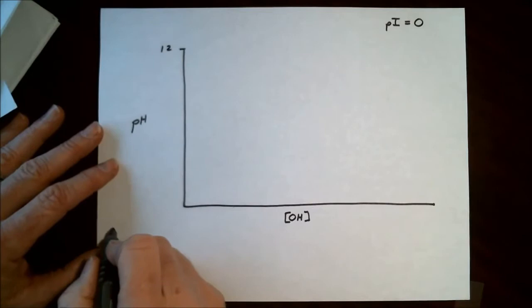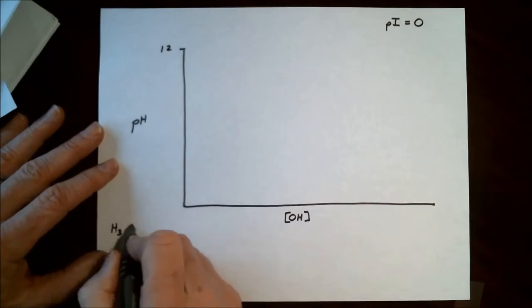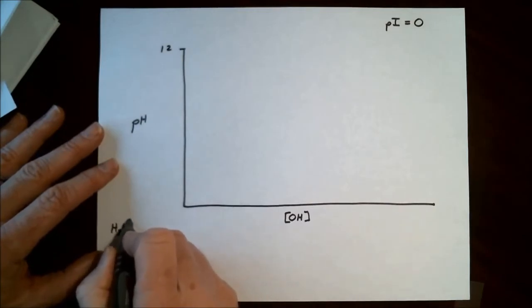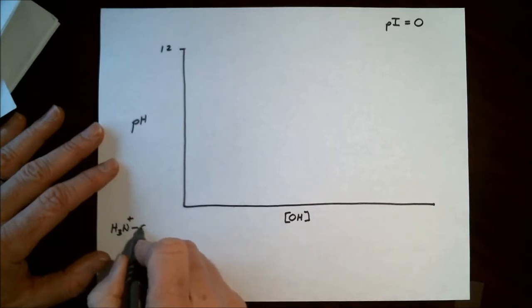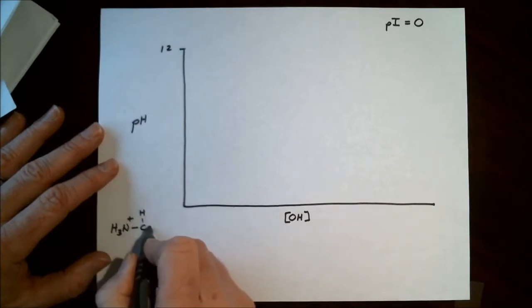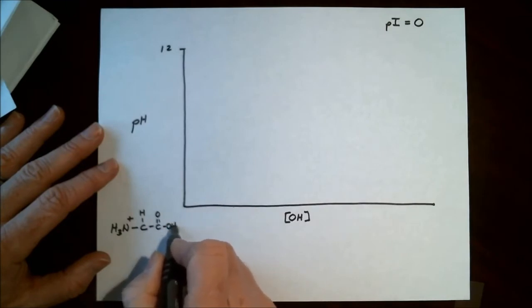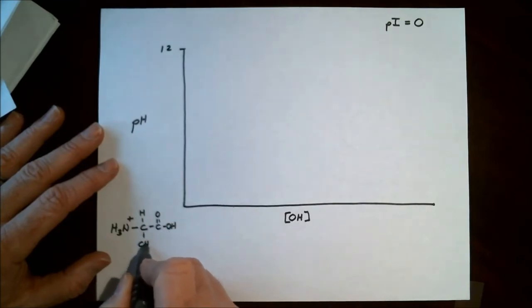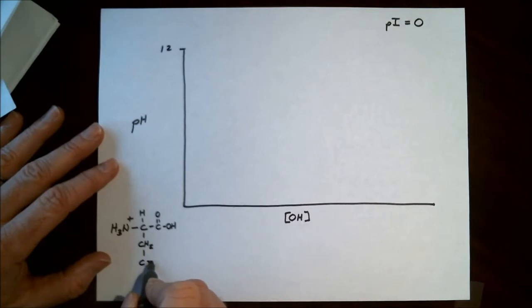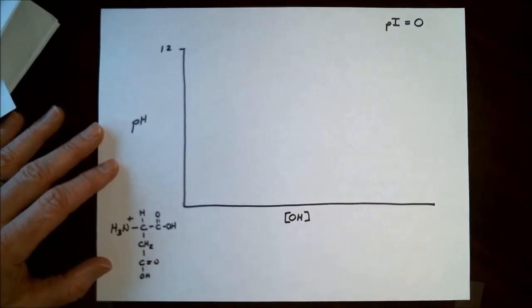Now at very low pHs, under acidic conditions, we are going to see the aspartic acid is going to be fully protonated. So all three functional groups will be protonated under these conditions.